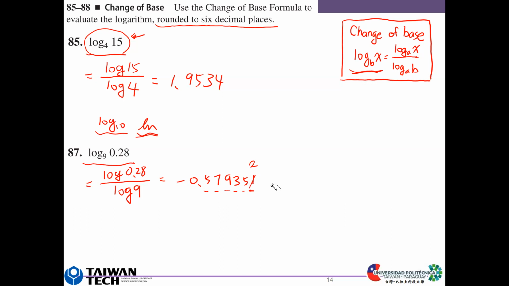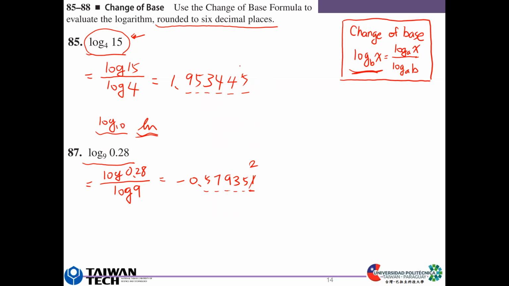Then for the first one, let me click the calculator. You have log 15 divided by log 4, which is 1.9534452. So this is 1, 1, 2, 3, 4, 5, 6. And this next digit is 2, which is smaller than 5, so just erase it. So this is our answer for 85.